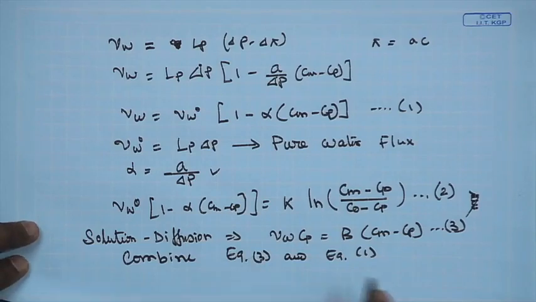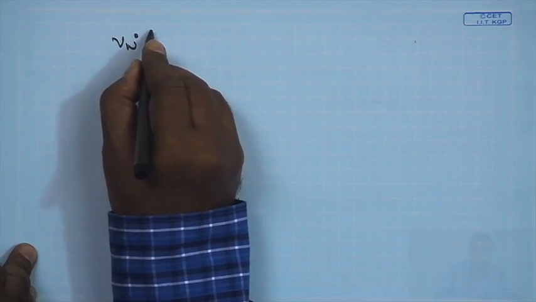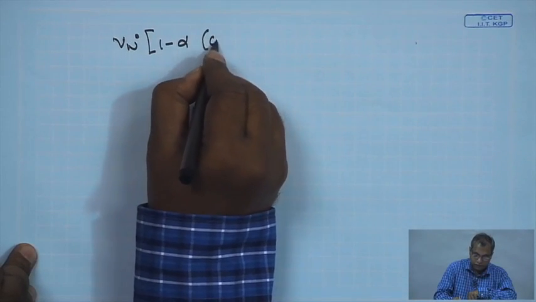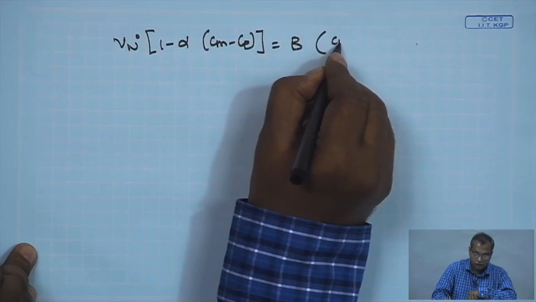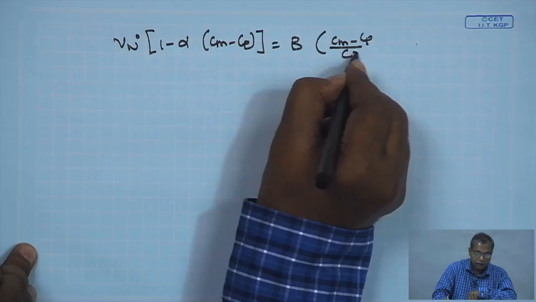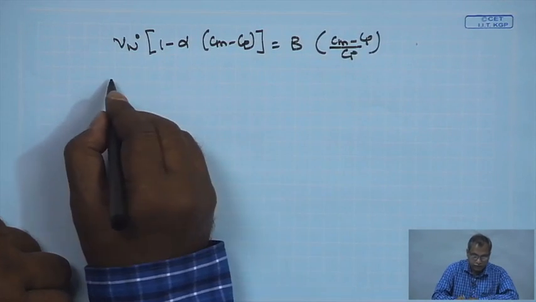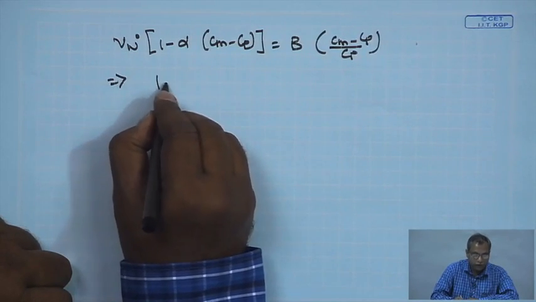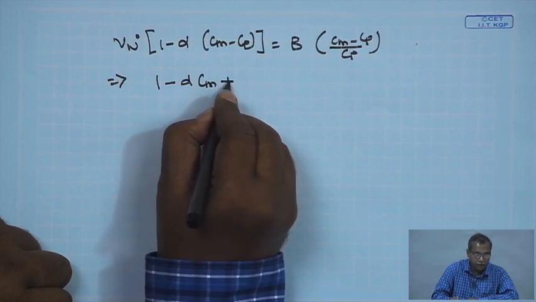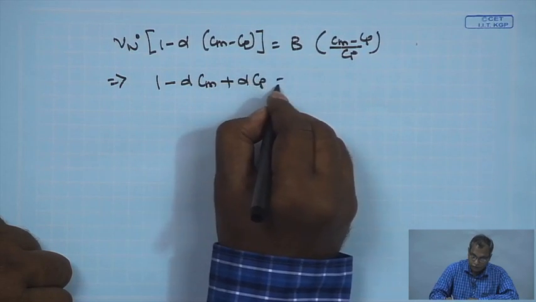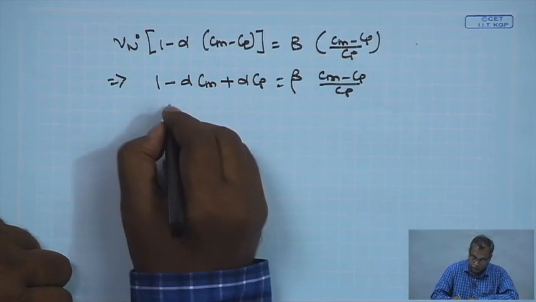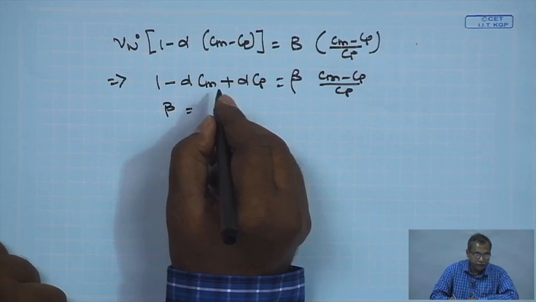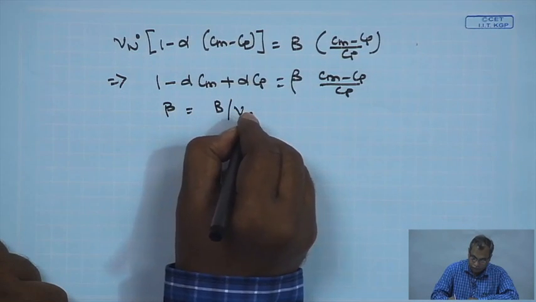You will be getting Vw naught (1 minus alpha (Cm minus Cp)) is equal to B (Cm minus Cp) divided by Cp. This can be written in this form: (1 minus alpha) times Cm plus alpha times Cp is equal to beta (Cm minus Cp) divided by Cp, where alpha we have already defined and beta is B by Vw naught.